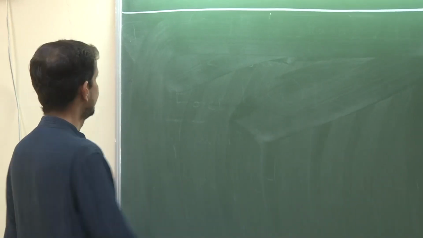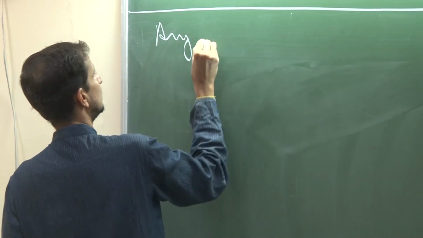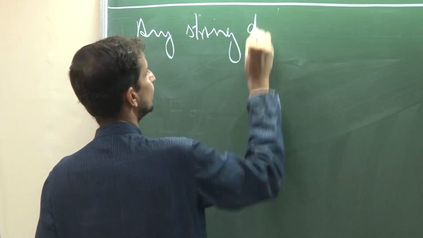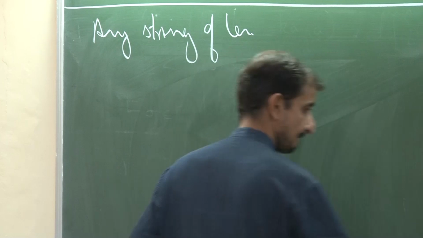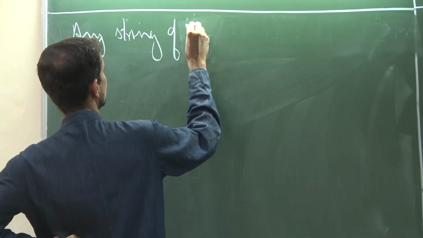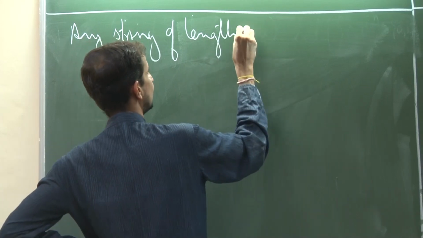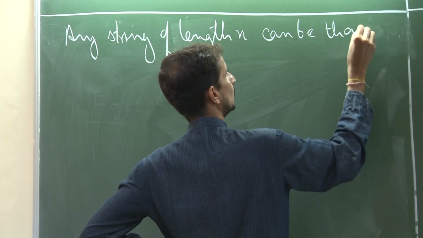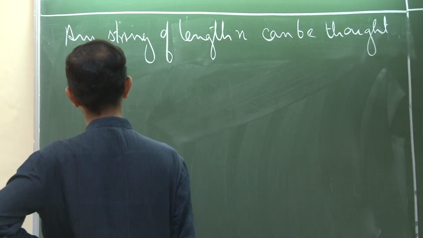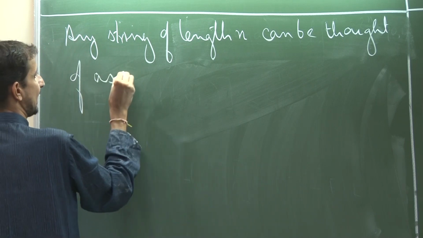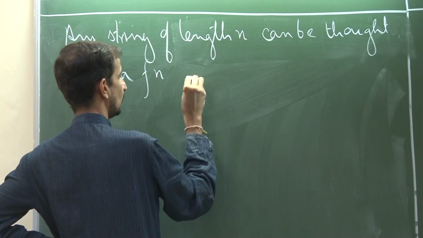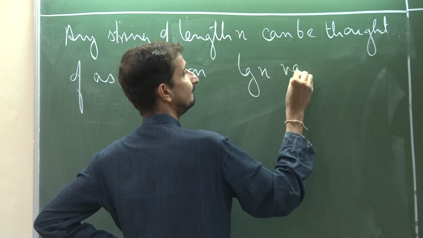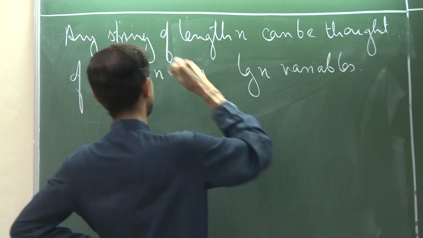So, now any string of length n can be thought of as a function on log n, assume n is a power of 2 here.